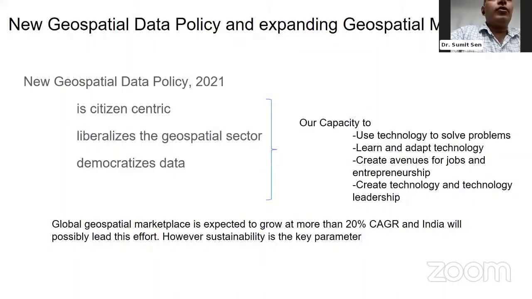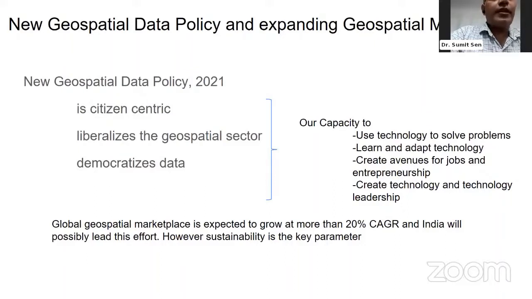So those are just a few projects that we are taking up at the Geospatial Hub, GIC Hub. We are also seizing the opportunity with the new geospatial data policy and expanding the geospatial marketplace. We want to increase our capacity to use technology to solve problems, learn and adapt technology, create avenues for jobs and entrepreneurship.